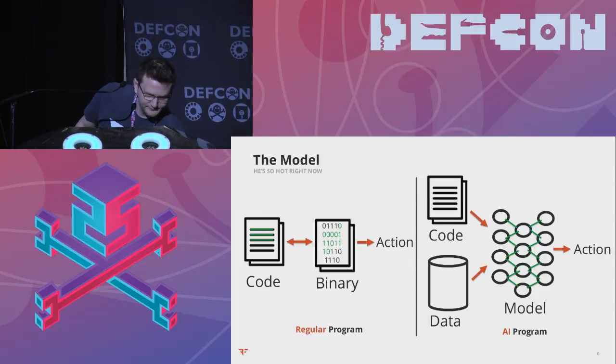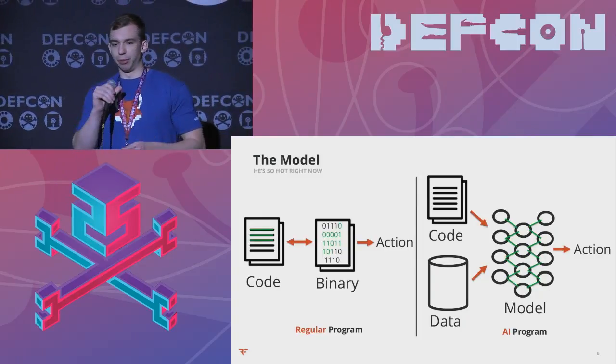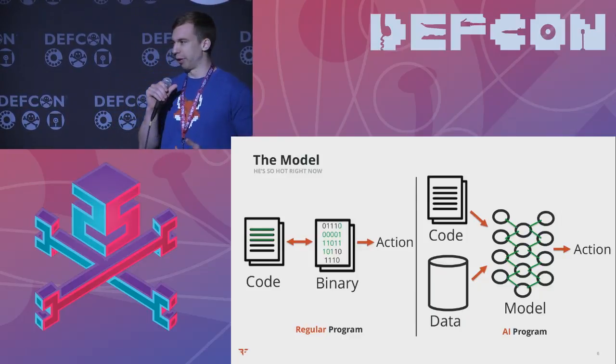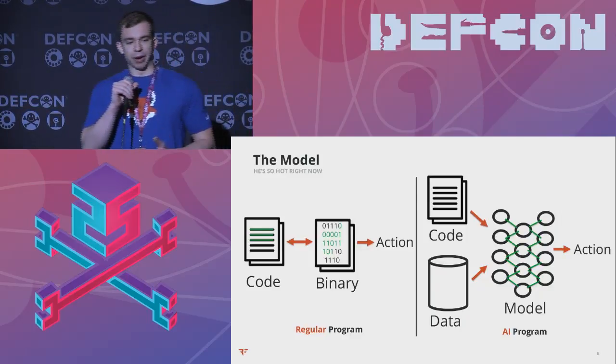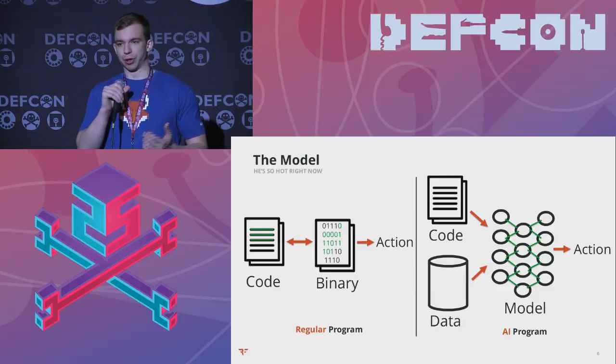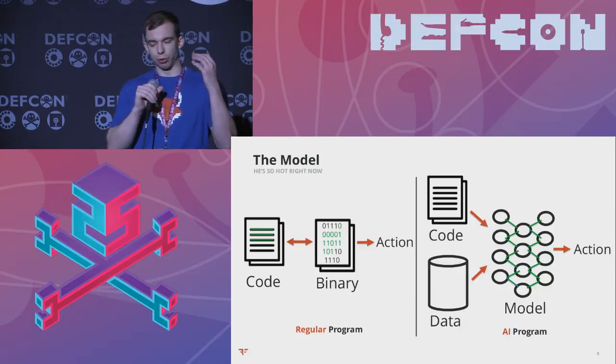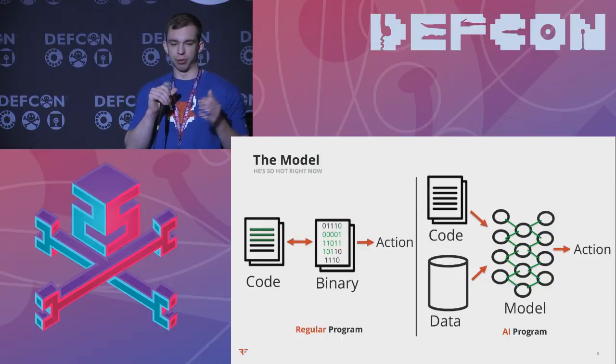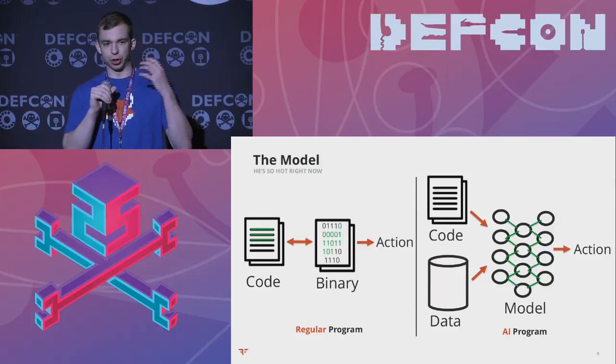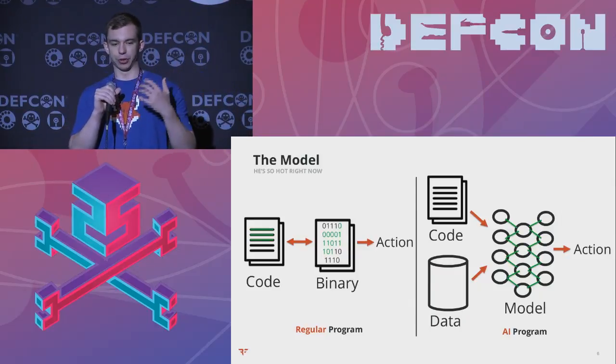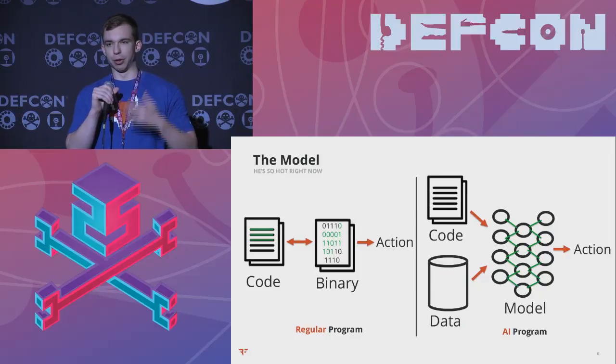Our program differs a little bit from a regular program in a couple of really important ways. In a regular program, you write some source code, in English, and you compile it down to a binary, which is machine instructions. It's the thing your computer actually runs, and those machine instructions perform an action based on what you programmed into it.